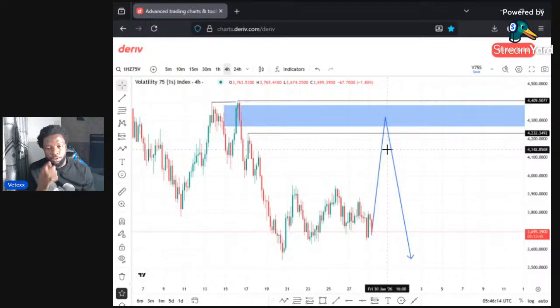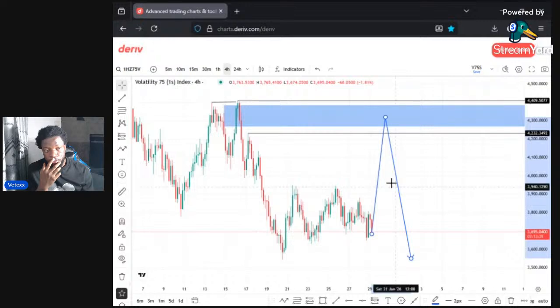Give us continuation on the 15 minutes time frame and then start selling, start pushing to the opposite direction. So this is what we anticipate currently on V75 1S on the 4 hour time frame.